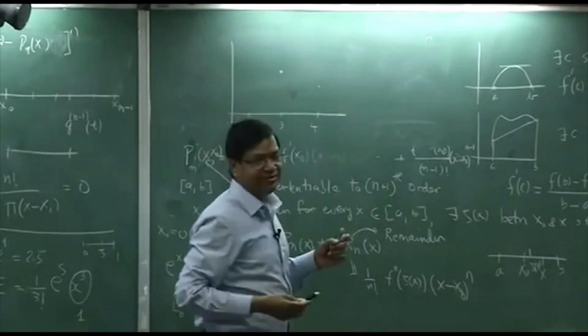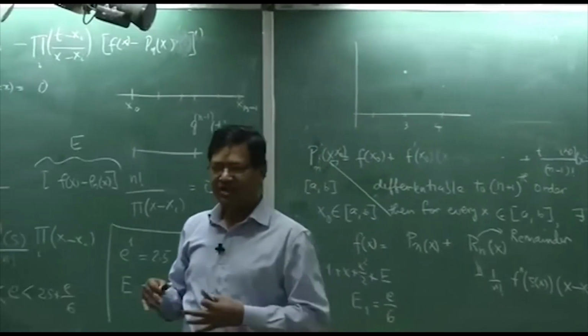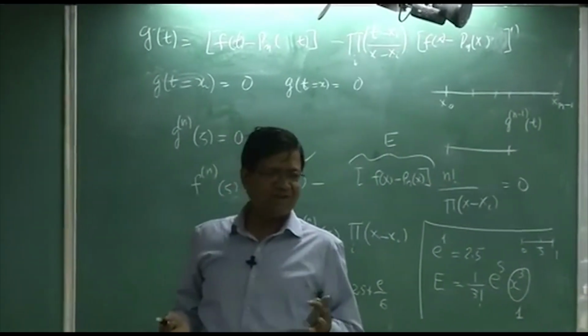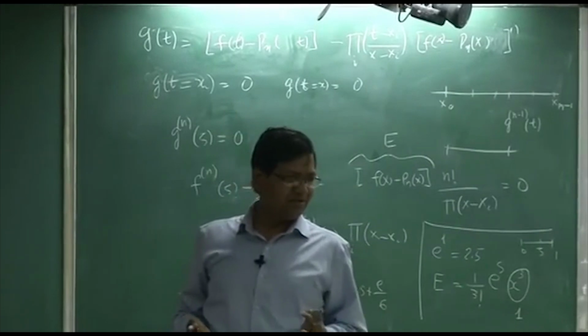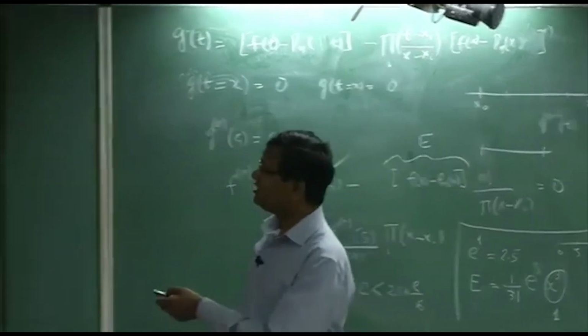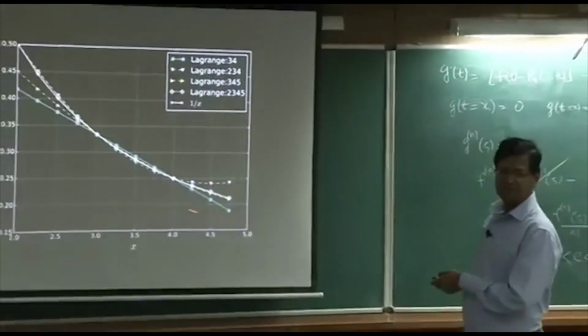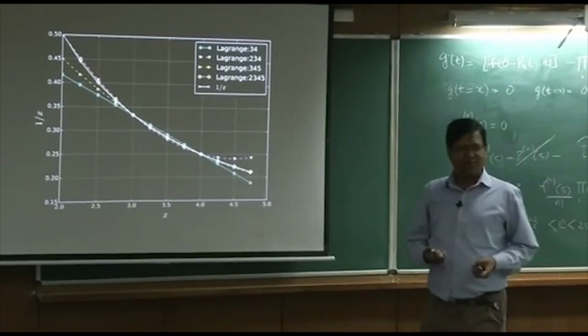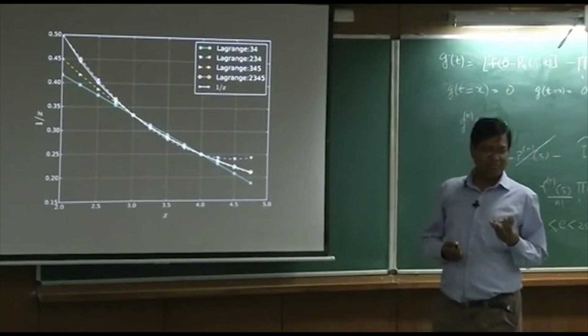Suppose you do not know what this function f of x is, but I have given these 2 points, I can make an interpolation and that will be a straight line, the blue line. It is the first order polynomial P2.